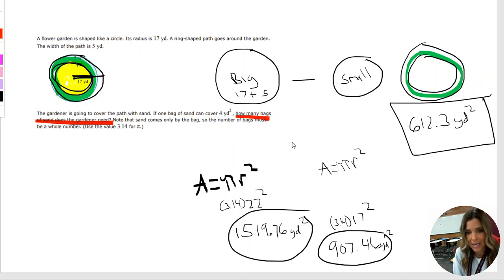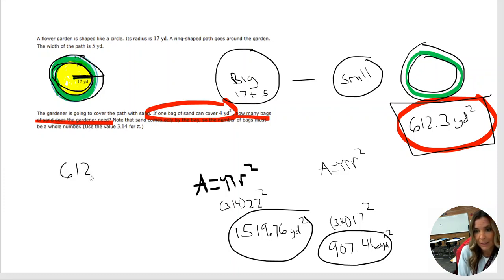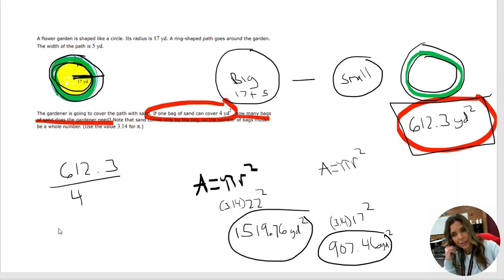Okay, now that we have this, we can answer our question of how many bags of sand the gardener needs. So one bag of sand can cover 4 yards, and if we need to cover this many yards, we need to know how many times 4 fits into 612.3.